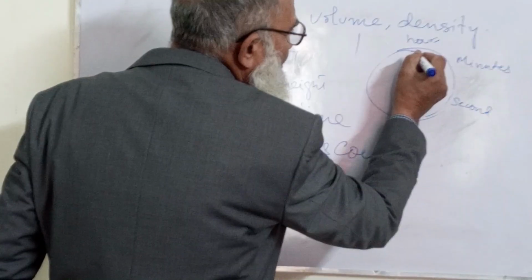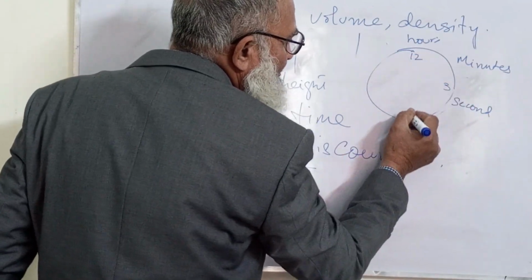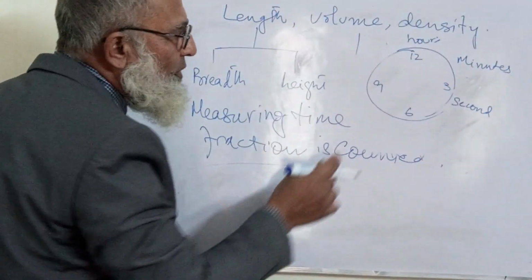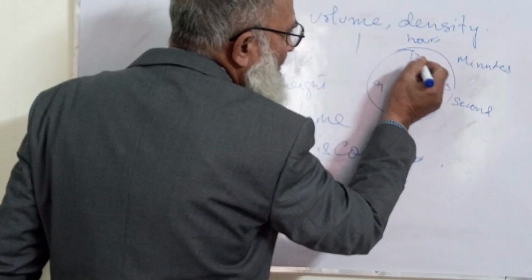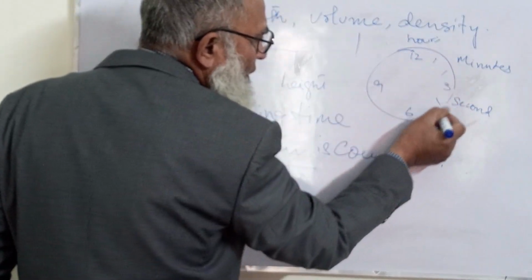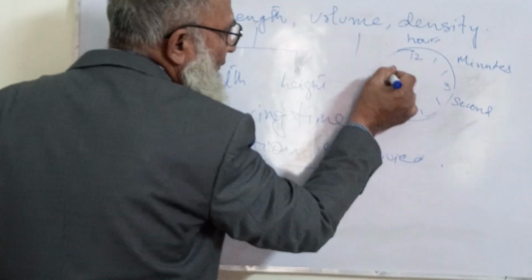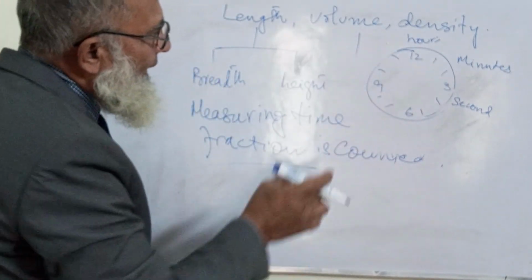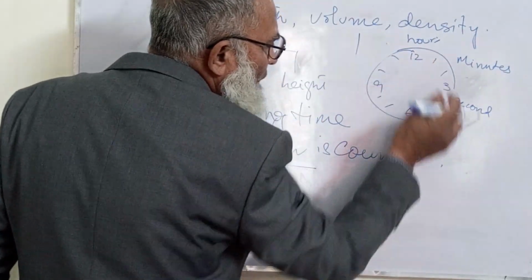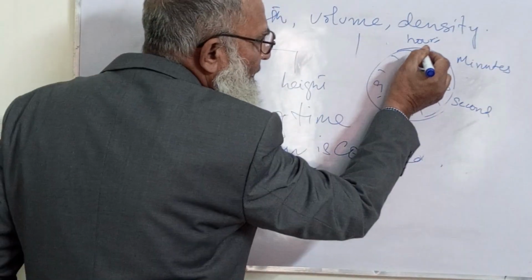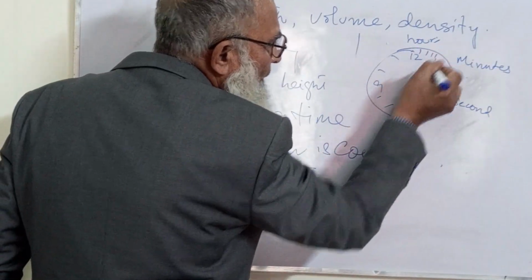These 12 equal parts are 12, 1, 2, 3, 4, 5, 6, 7, 8, 9, 10, 11, 12. And from 12 to 1, there are five parts again.